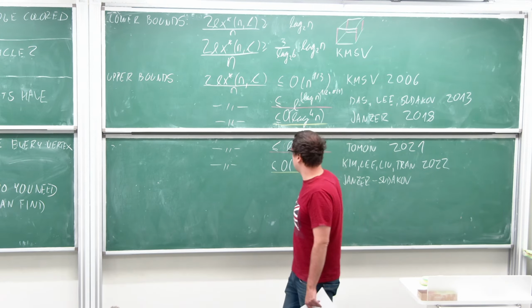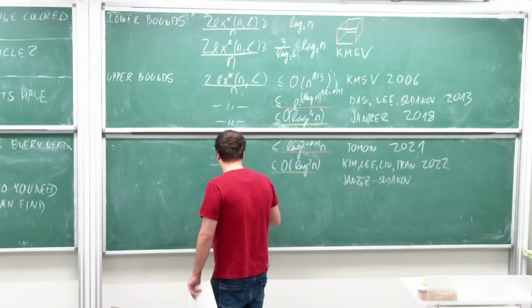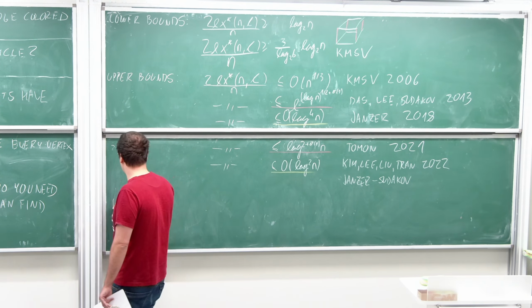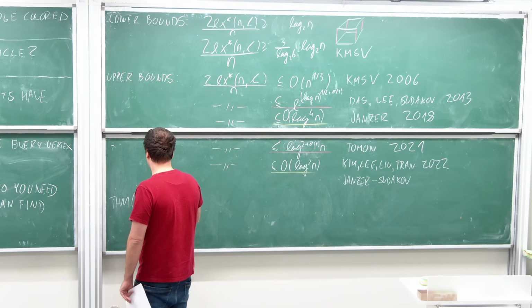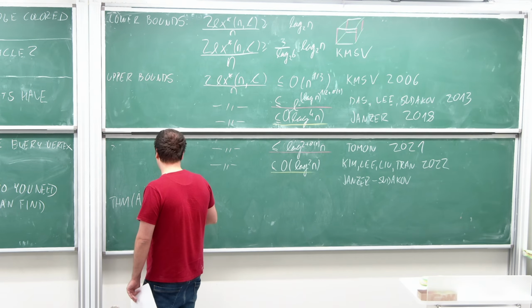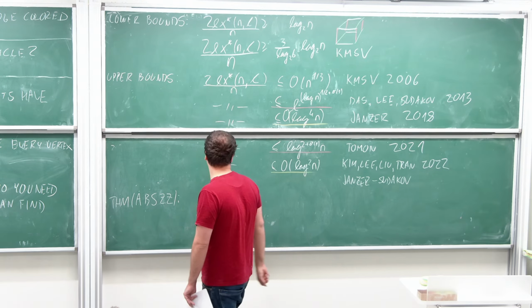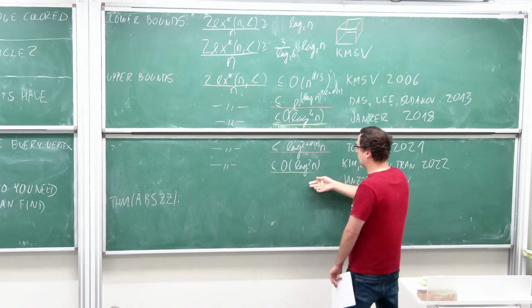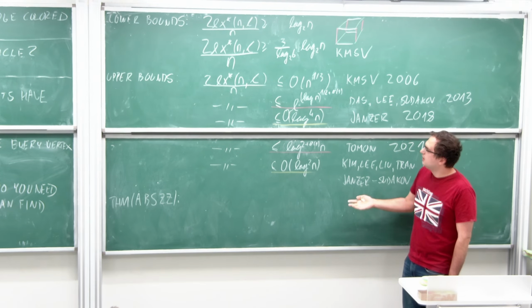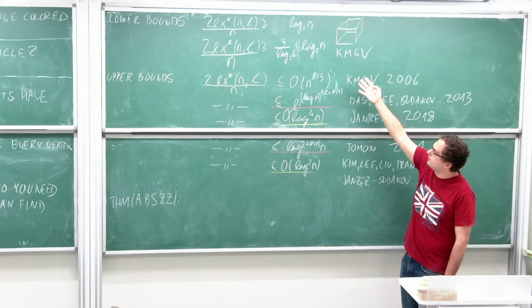So the result that I want to talk about today, which is joint work with Noga, Lisa, Dima, and Orr, is that actually the answer is (log n)^(1+o(1)). So this lower bound is not far from the truth.